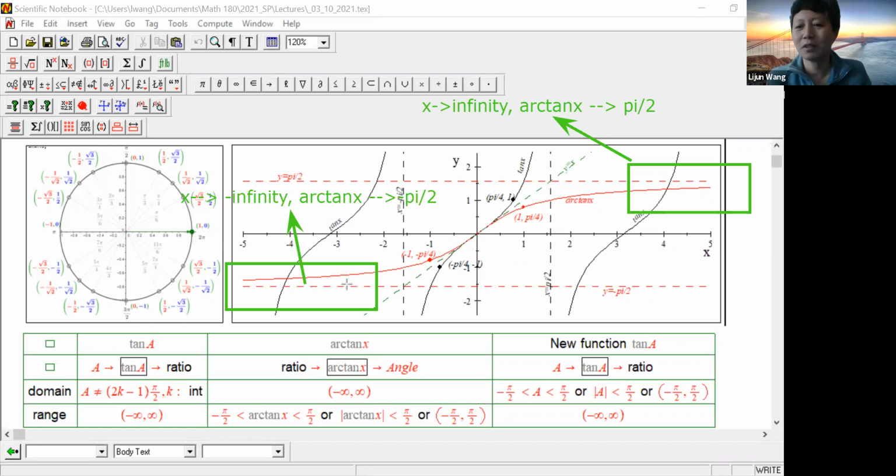It has all those interesting properties. And tangent is increasing on different intervals. So if you apply these concepts, you can see that. But I'm not going to elaborate too much. I want to be more focused.